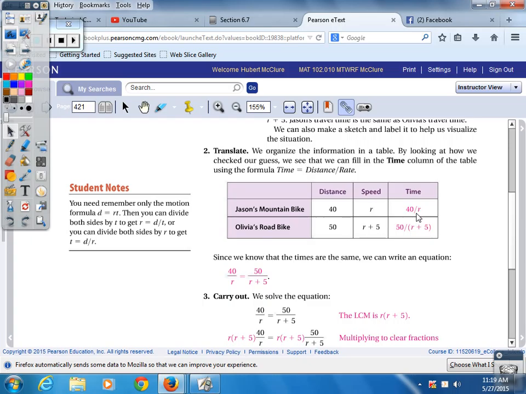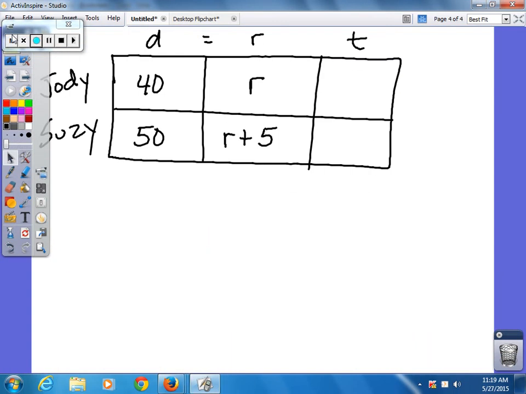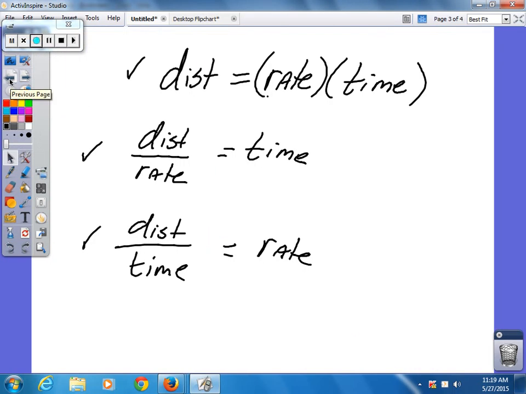Let's go back here. 40 over R. Distance over what? R. See there? 40 over R equals what? Time.